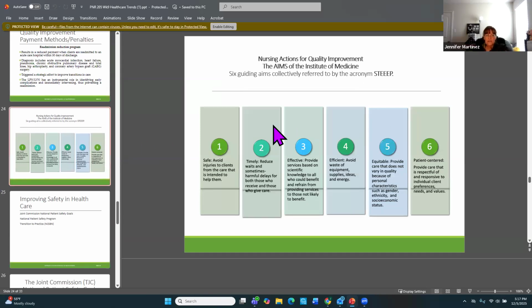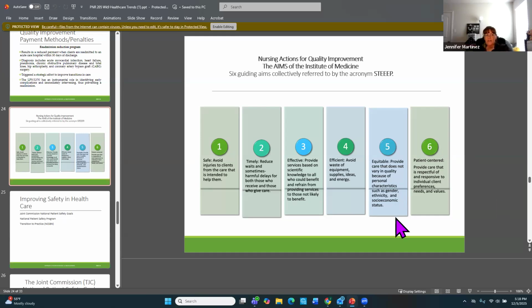So aims of the Institute of Medicine: avoid injuries to clients from the care that is intended to help them, reduce waste and sometimes harmful delays for both those who receive and who give care, provide services based on scientific knowledge to all who can benefit and refrain from providing services to those not likely to benefit, avoid waste of equipment, supplies, ideas, and energy.